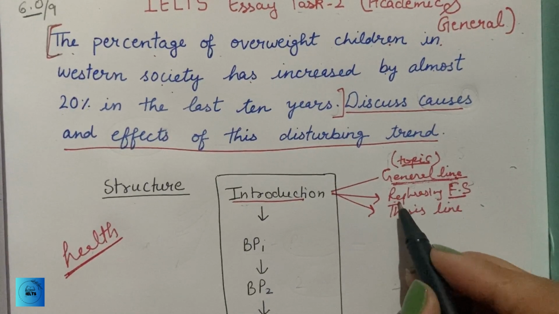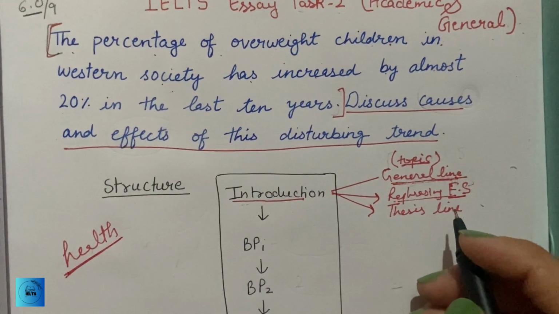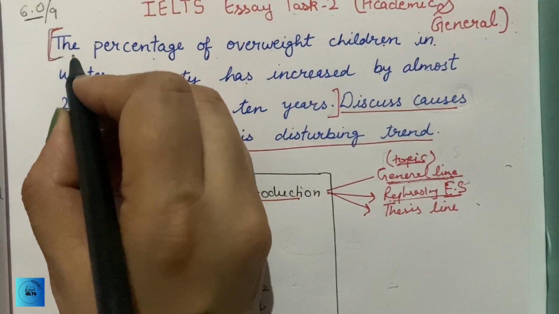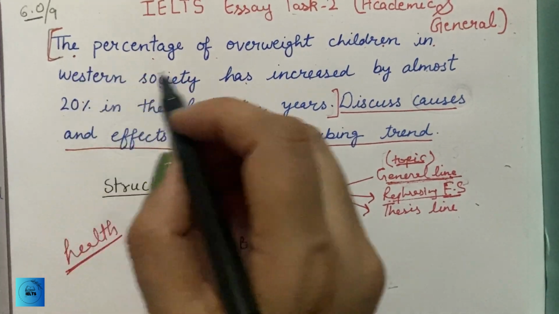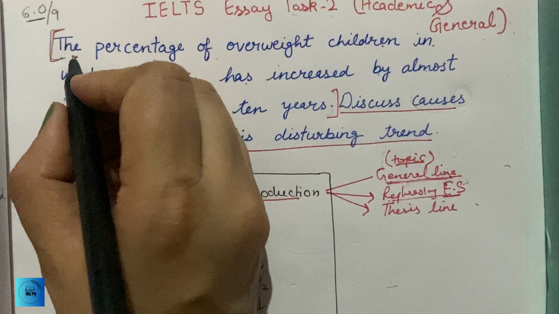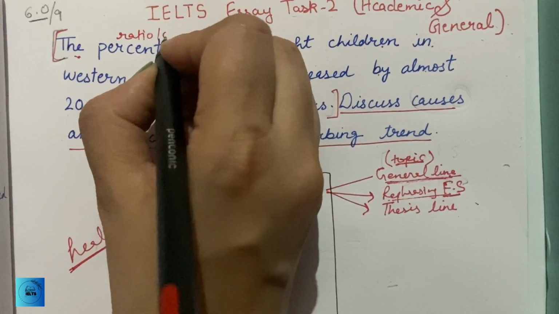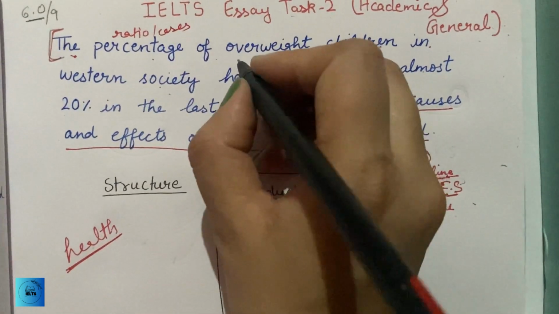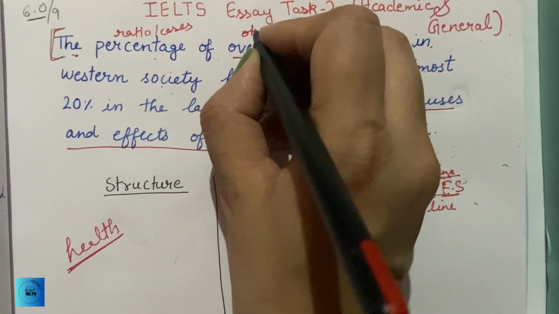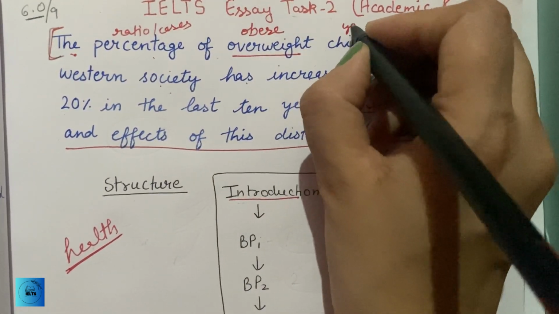Next thing is rephrasing. Rephrasing means, for beginners, they can just use synonyms for each word and make a proper sensible sentence. Like for percentage I can write ratio. I can also say the cases. Overweight means fat individuals, obese children, young ones.